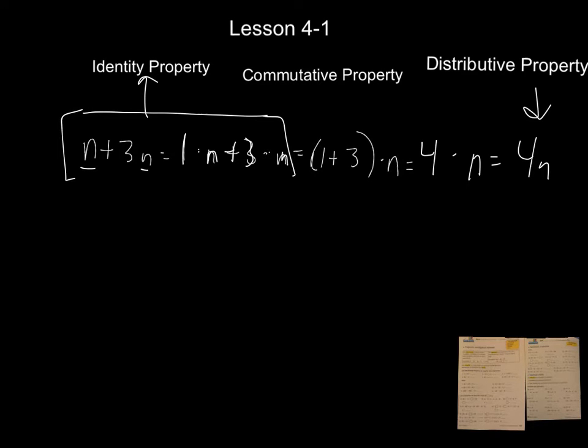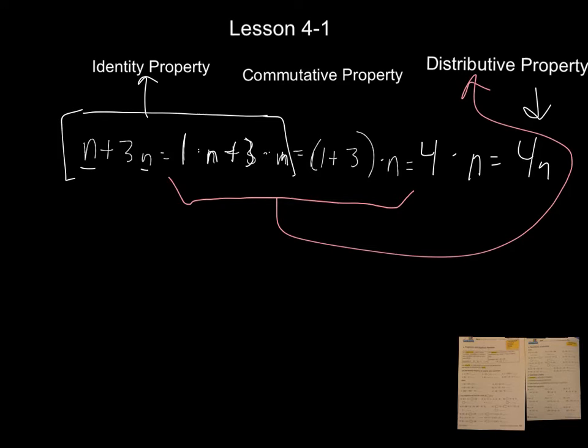So the distributive property kind of jumps in right about here, and it goes all the way over to there. That's a distributive property. The distributive property basically puts some of your numbers into parentheses to make it a little bit easier to understand. As you can tell here, you have 1 and you have 3, and you have the addition there. So you take the 1 and the 3 and you move them into parentheses, and you multiply them by the n.